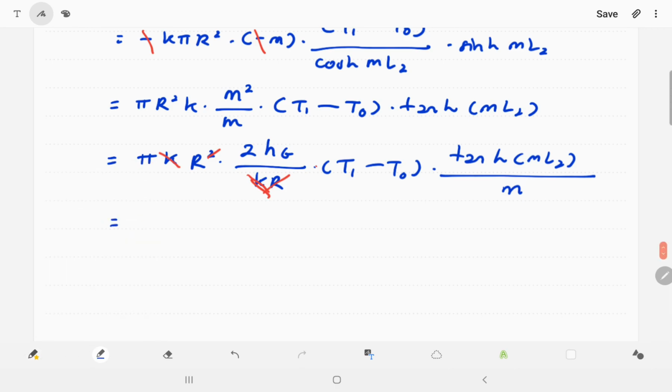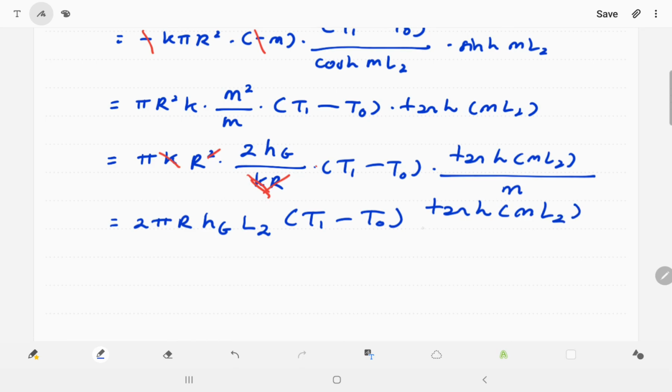This one will be equal to 2 pi r hg L2 (T1 minus T0) tanh mL2 per mL2.